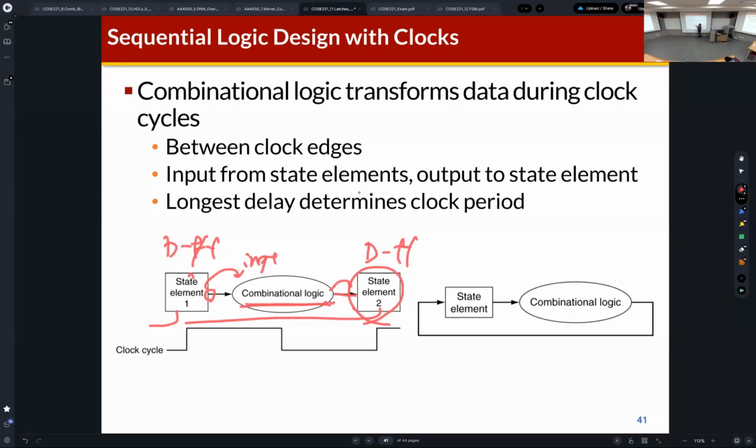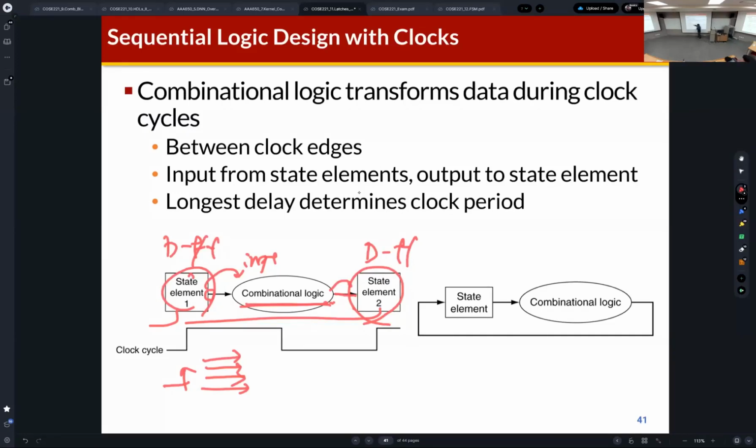What can we expect for the behavior of this logic? At the rising edge of the clock, input signals are synchronized, which means that at the rising edge of this clock, the output is determined and maintained.